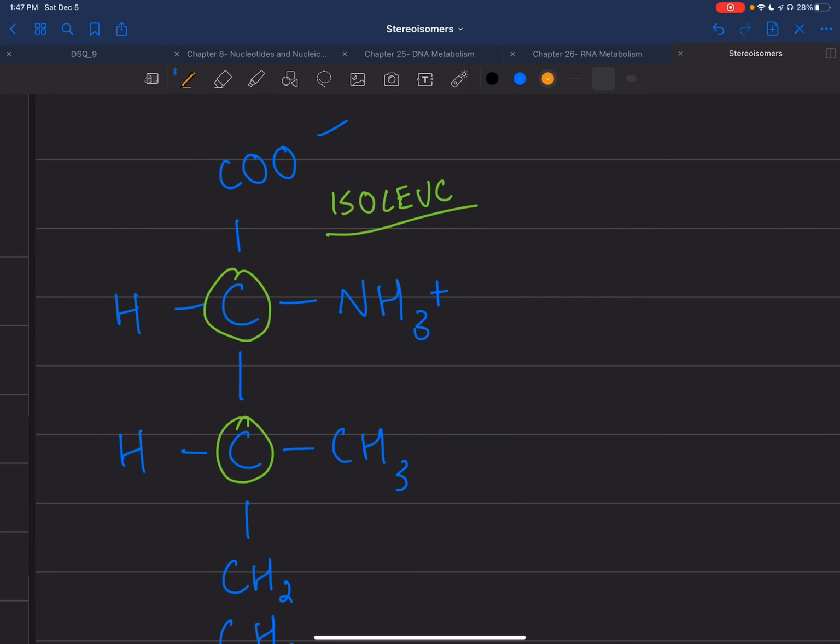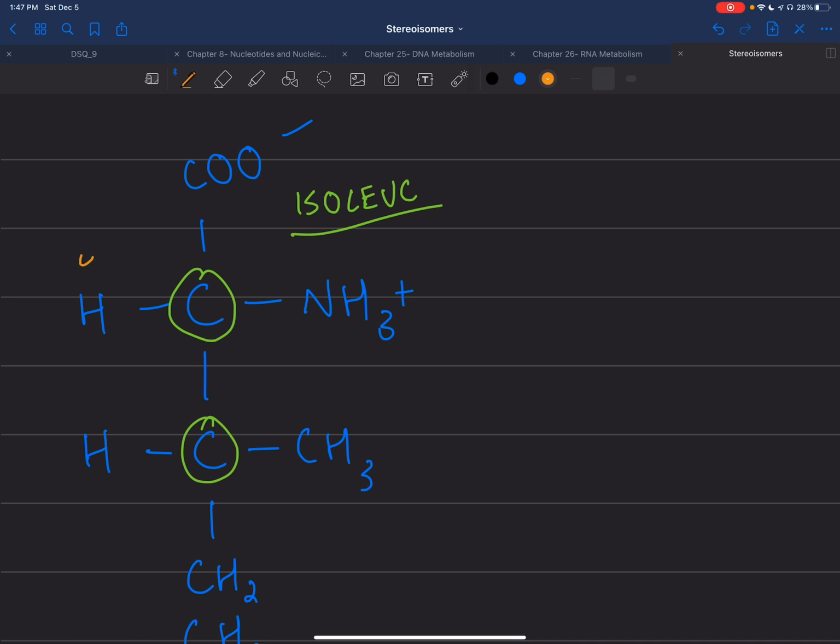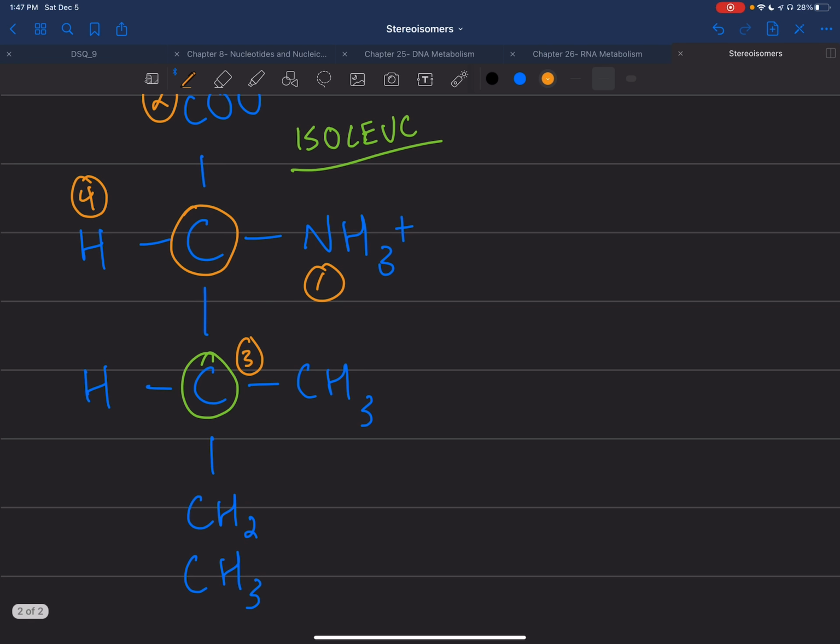Okay, let's assign some priorities here. Hydrogen here will be 4, amino will be 1, carboxyl will be 2, and this carbon will be 3. Let's say that this is our orange stereocenter. For this one down here, we're going to give hydrogen 4. Carbon attached to 3 methyls is usually your 3. This is a carbon attached to a heavy nitrogen, so this is definitely going to be 1.